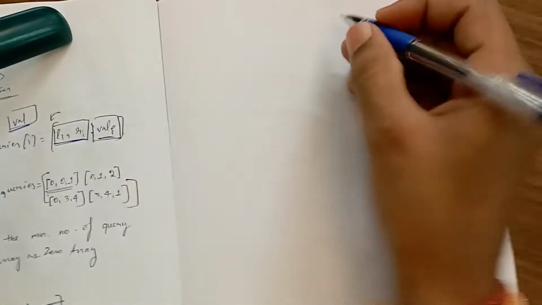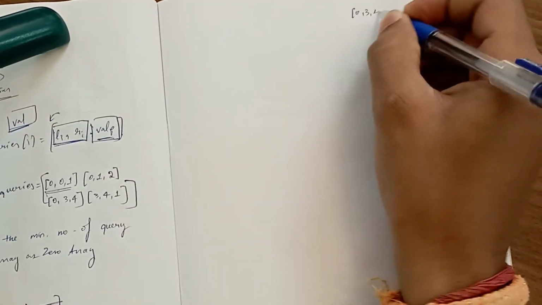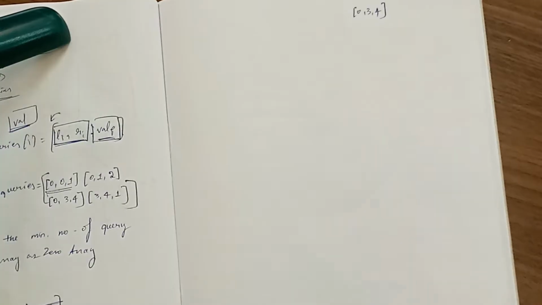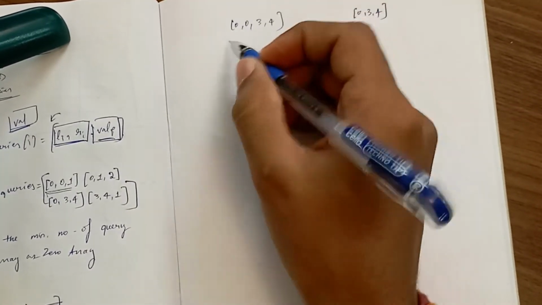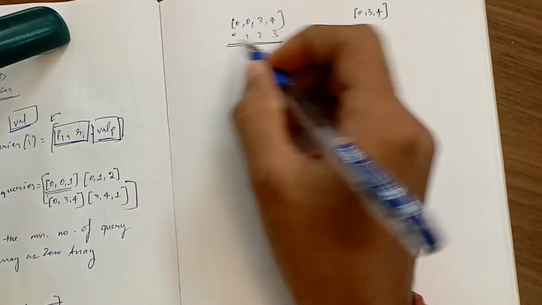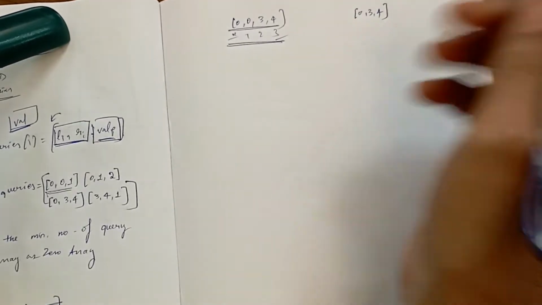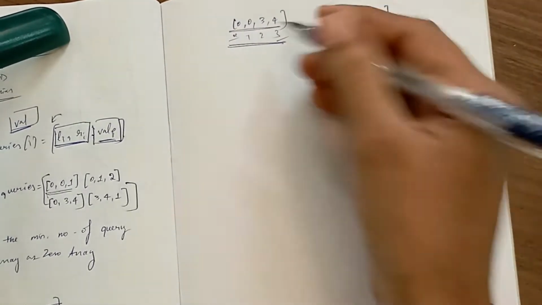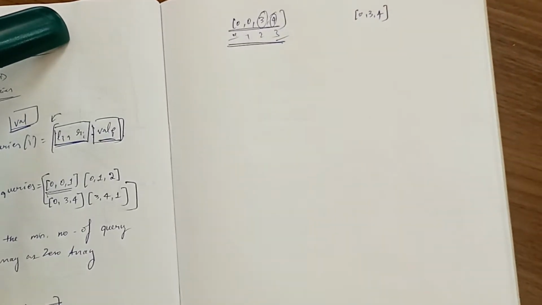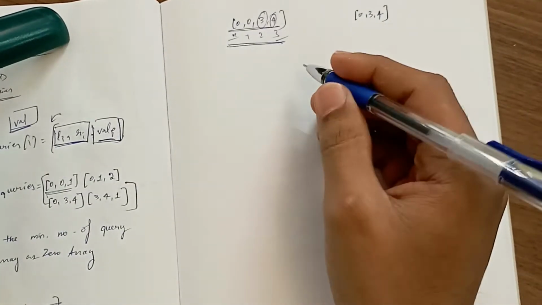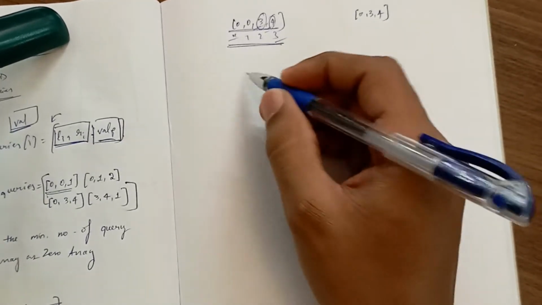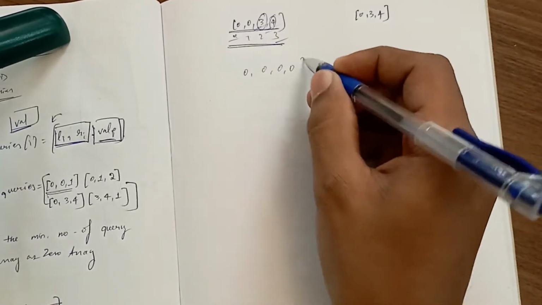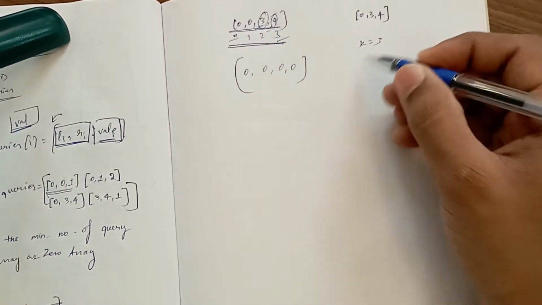Now the third query is 0 3 4, and the array now is 0 0 3 4. From indices 0 to 3 we can remove at most 4. If we select these two elements and remove 3 from one and 4 from the other, we will get 0 0 0 0. Now k is equal to 3.